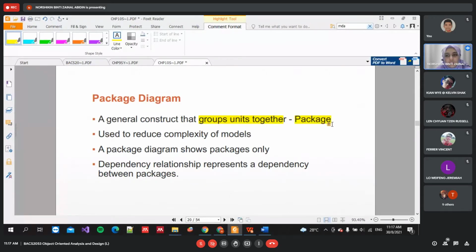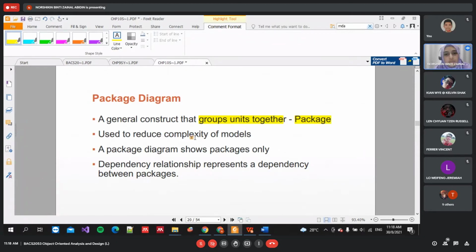Like you already know, package is like grouping together. Usually we group together in a package based on the same attribute. That means they have something in common.